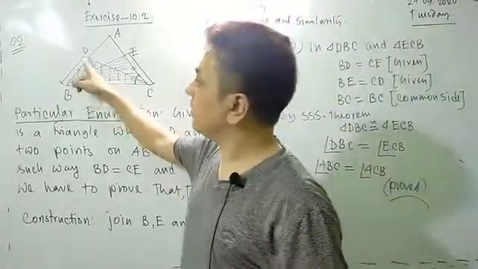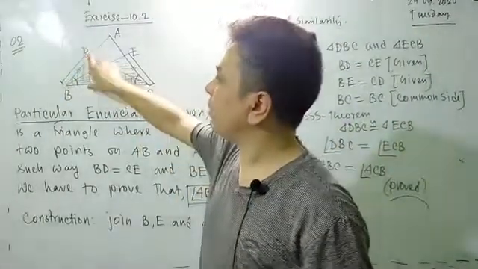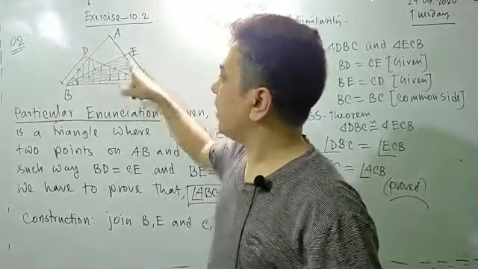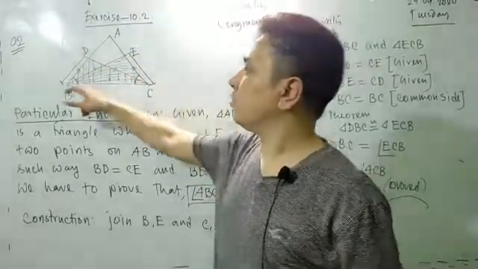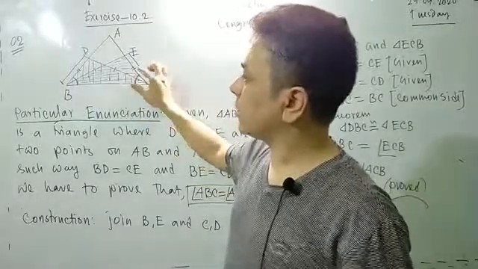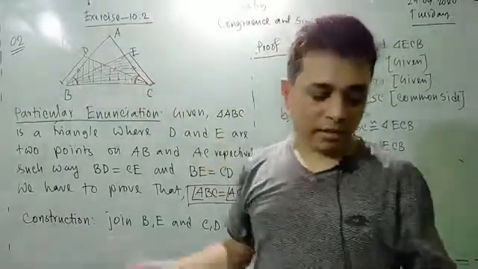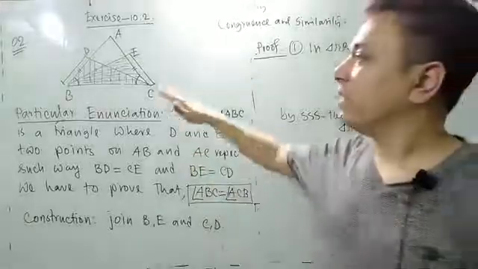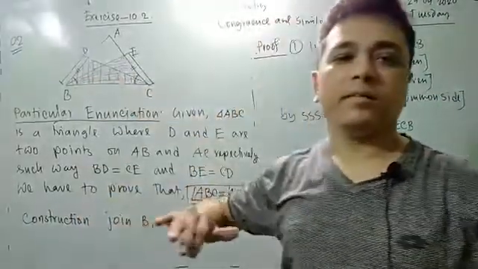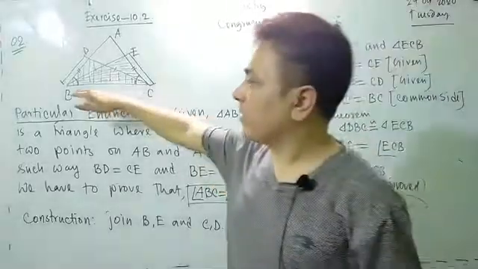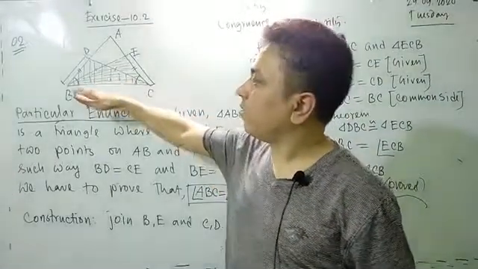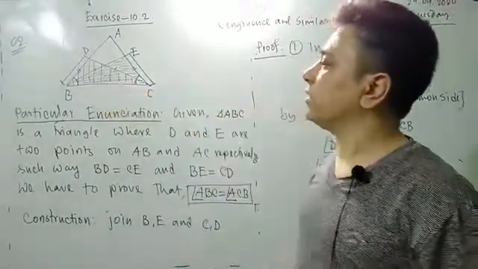So look at that here. This angle, the DBC angle for the first triangle and ECB angle for the second triangle. If we take two pieces of paper, make two triangles and put one on the other, I think you will understand how they coincide with each other.